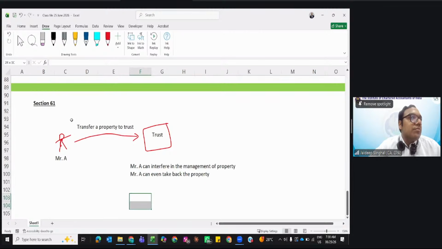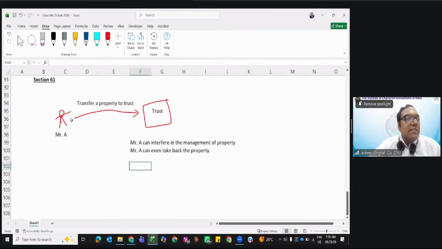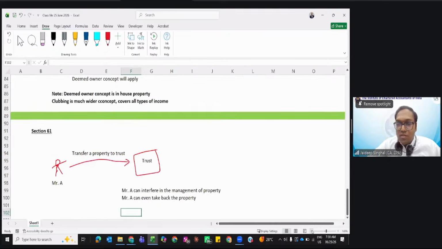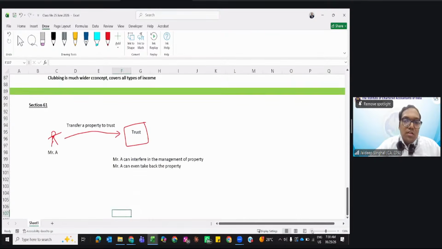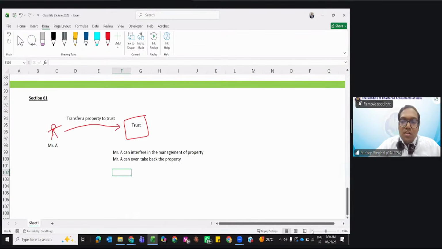Now, is it a revocable transfer or irrevocable transfer? Do you understand the meaning of revocable, irrevocable? Irrevocable means you cannot take it back.